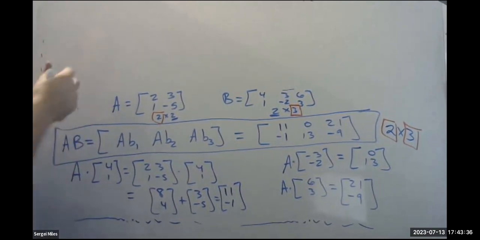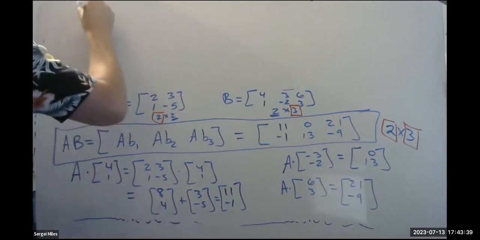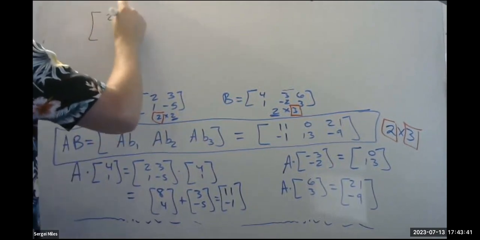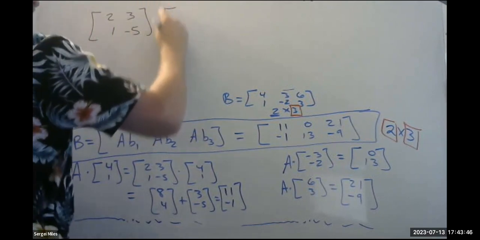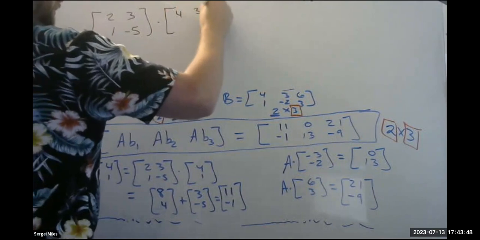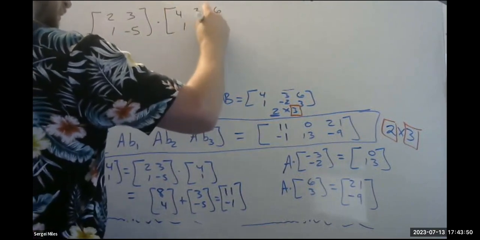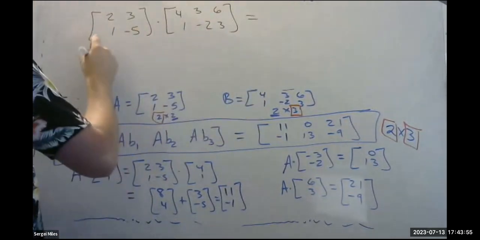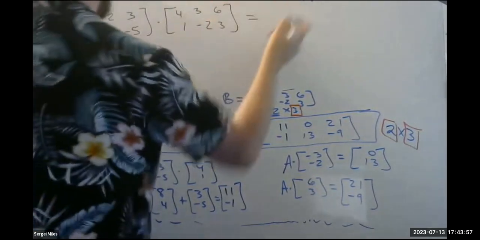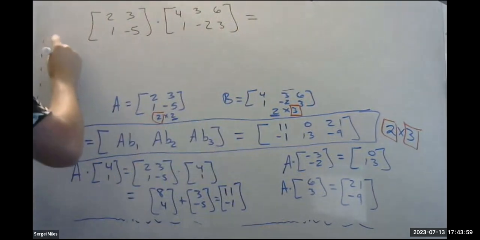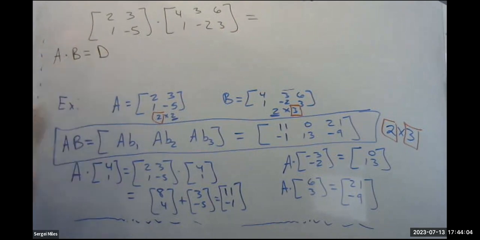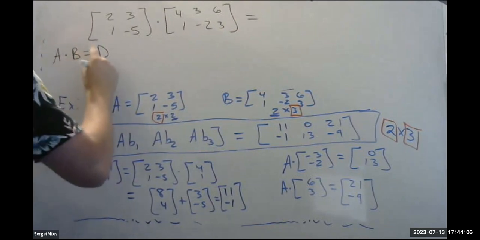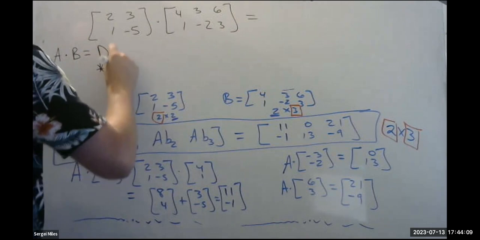Well, the dot product said that when you're trying to multiply two matrices, the result, so if the result is, let's say, A times B equals a new matrix capital D, then this is the dot product here.